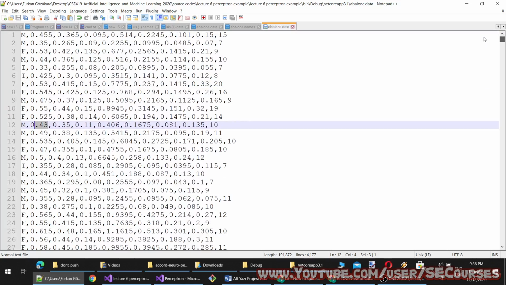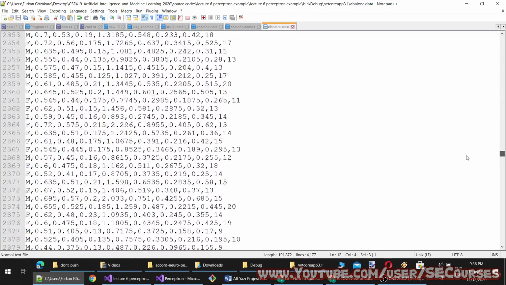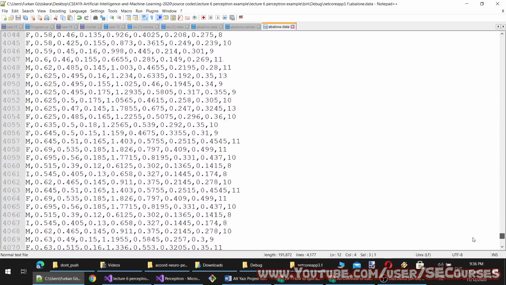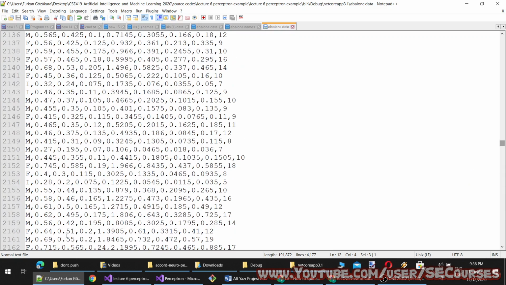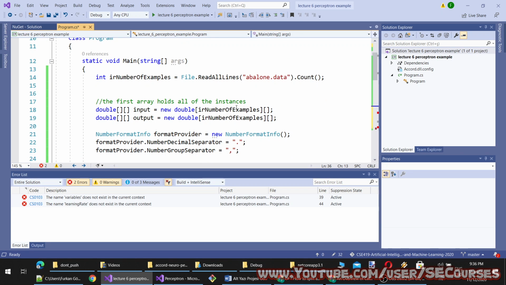So I believe this data is already shuffled. Okay, and we can also shuffle it like here. I will make it shuffle first.